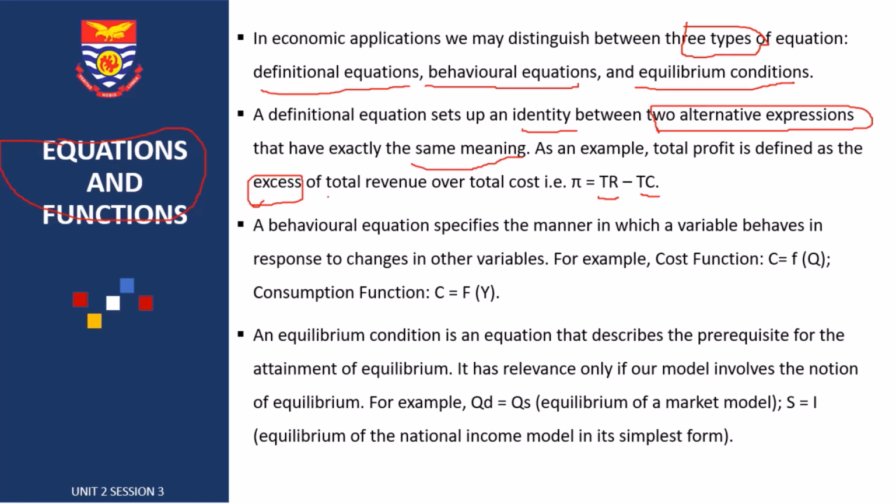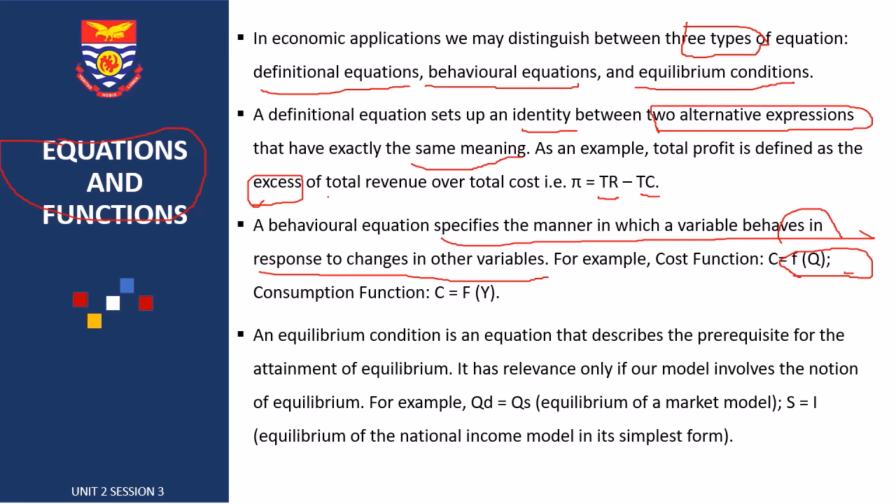How about the behavioral equation? That one specifies the manner in which a variable behaves in response to change in another variable. In this case, we are saying that this variable is dependent on that other variable. Let's take the cost function for example. Here we are saying C is equal to f of q. It means that the function C is expressed in the variable q, so C will change as and when q changes.